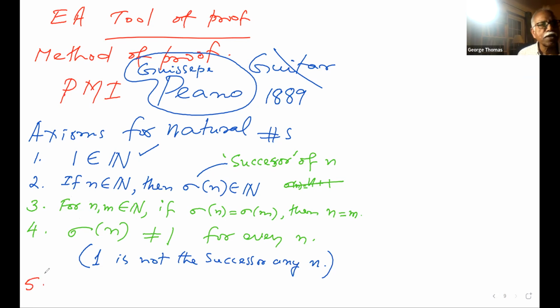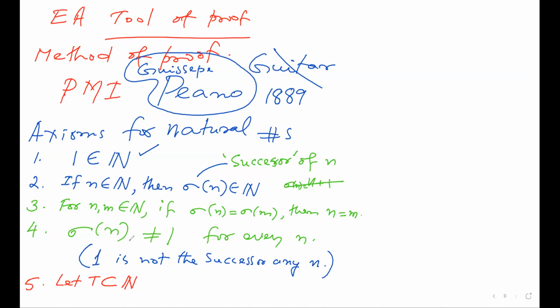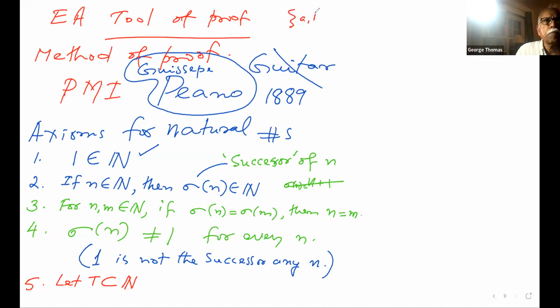Peano's fifth axiom says, let T be a subset of N. Do you understand what a subset means? Yes, sir. If you take A, B, C, how many subsets does this have? Eight, right?